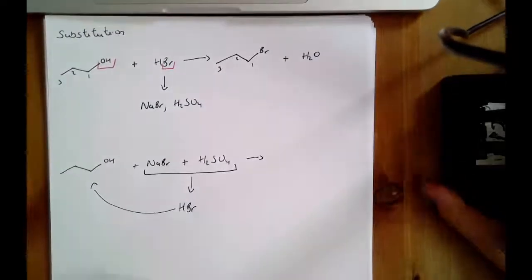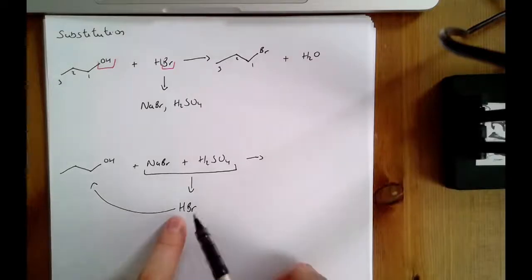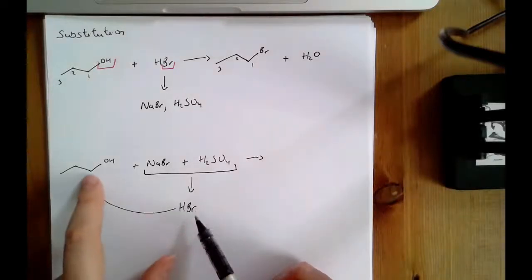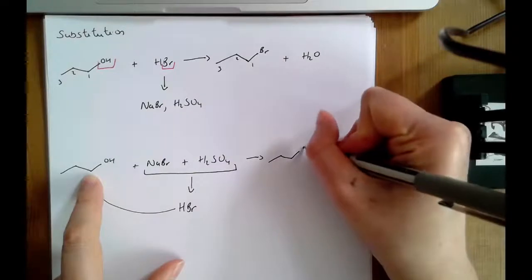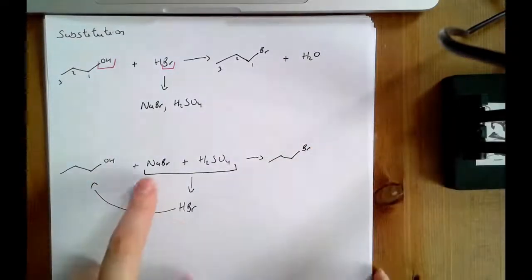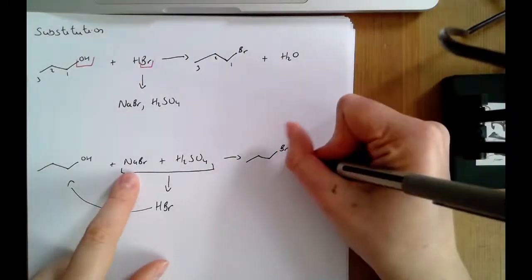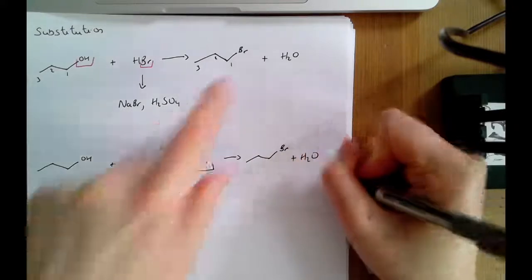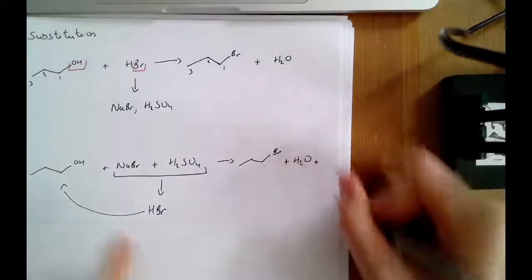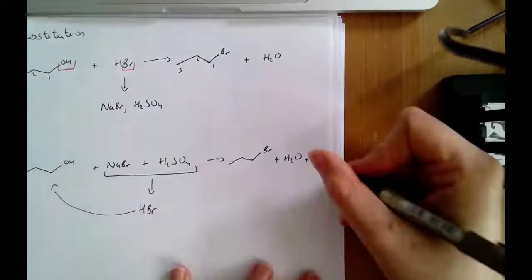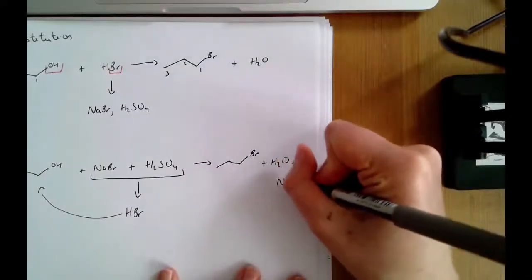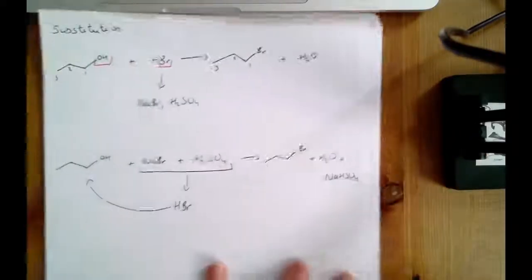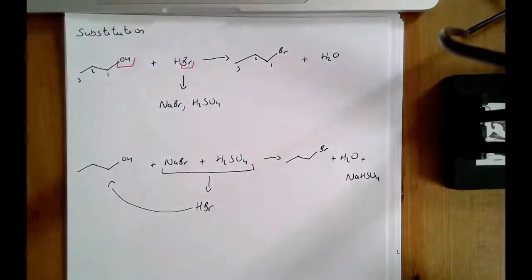So you need to be able to write this as an overall equation. So when the hydrogen bromide reacts with the alcohol, you're going to form what we had above, okay? But your other products that you're going to be left with are H2O, as we said, we had that above, but you're also going to have NaHSO4 as your third product, and that's typically the one that people forget.